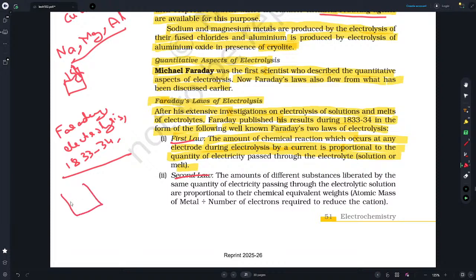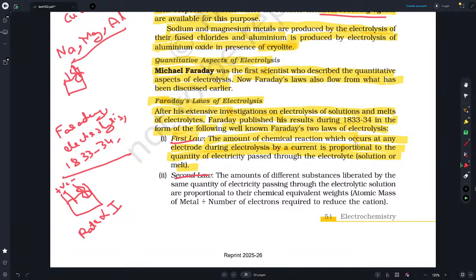in a reaction, in the above reaction we saw the purification reaction where impure copper was getting dissolved from the anode and getting deposited on the cathode. The first law says the rate of this reaction is directly proportional to the current passing through the solution.